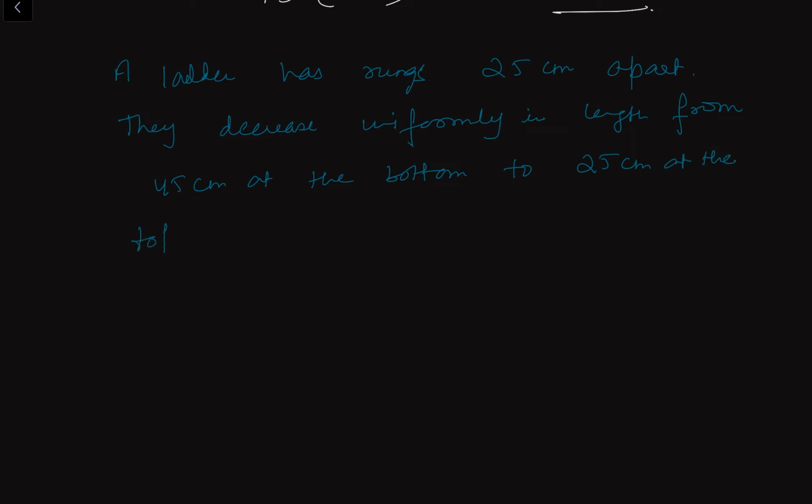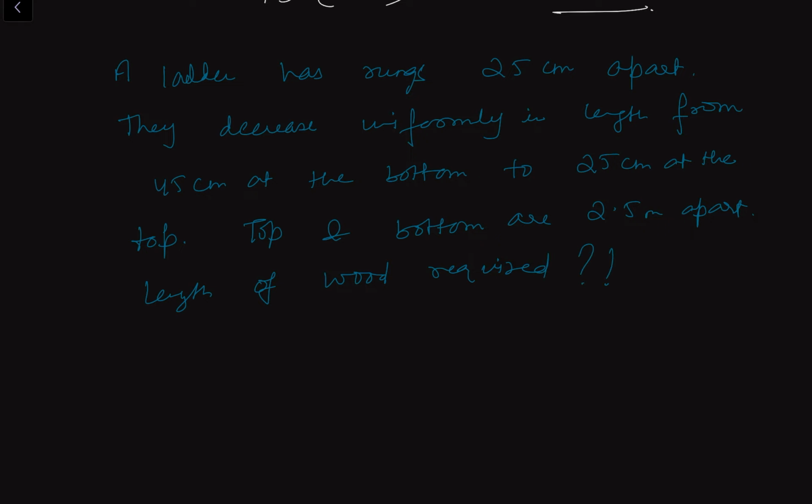See here how it is an AP. Now the top and bottom rung are 2.5 meter apart. Now what is the length of wood required? Okay, so now we have to make a ladder.